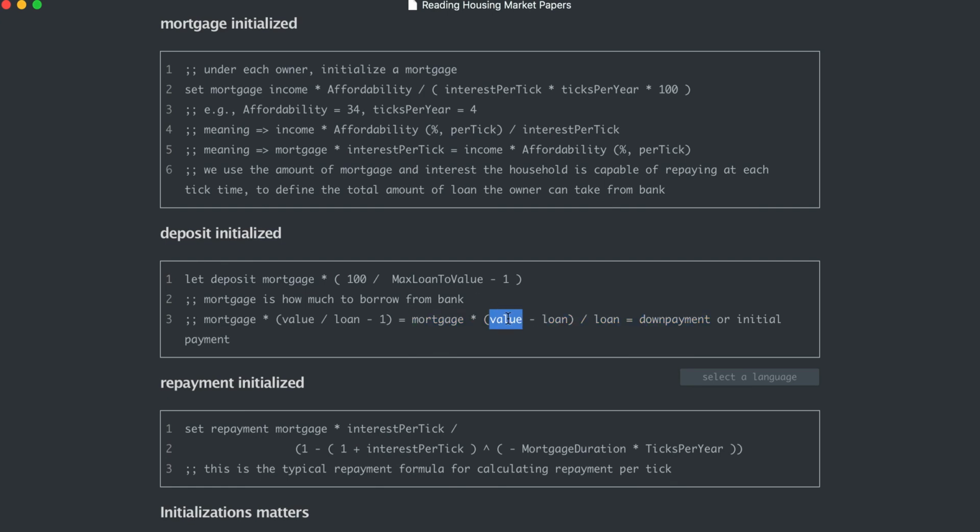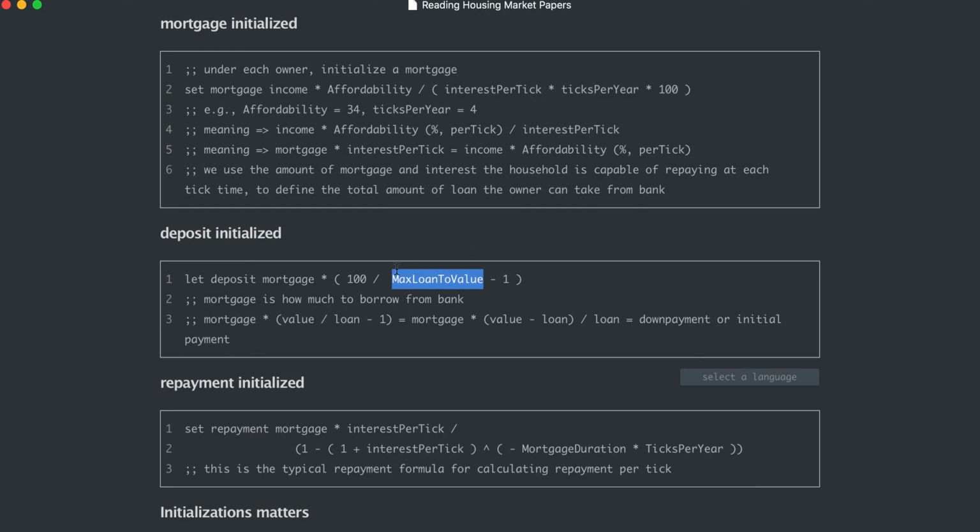But we don't know the value. We know the loan, that's fine, but we may not exactly know the value of the house, maybe, but we should know, right? Anyway, at least what we know is this relationship works. But the formula right here is using the maximum loan to value.